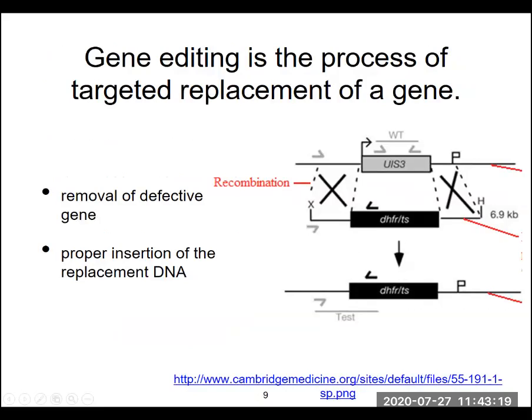So we've got a defective gene and a replacement gene. We can go through with targeted replacement, and the process isn't all that important. But what we're going to do is cut out the damaged gene and graft in the corrected version of the gene. In doing so, what we end up with here is the chromosome, where we basically went in and completely replaced the damaged region with the correct region.